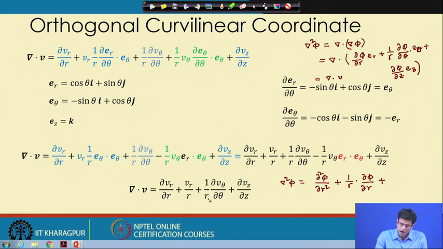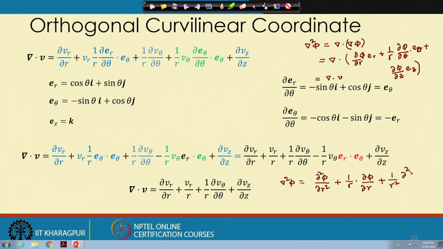So, 1 by r square del square phi by del theta square, and then the last term is essentially del square phi by del z square. So, this way we can compute the Laplacian in a curvilinear coordinate system.